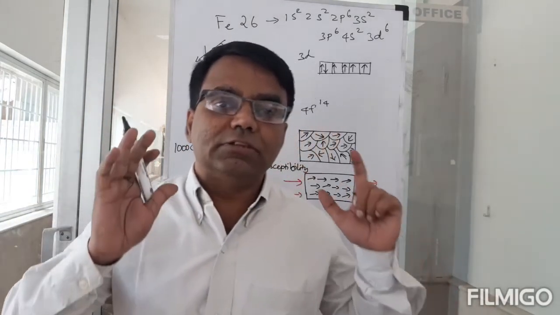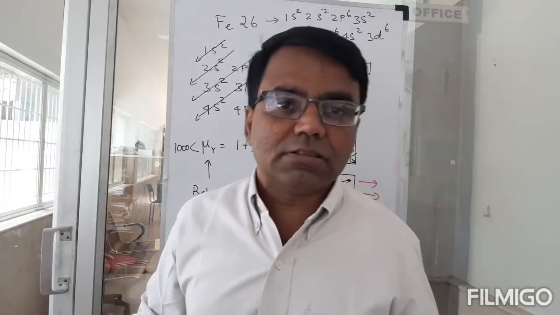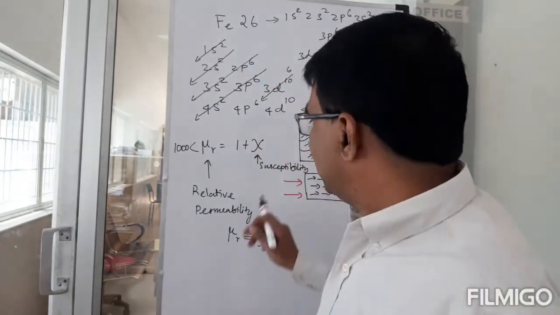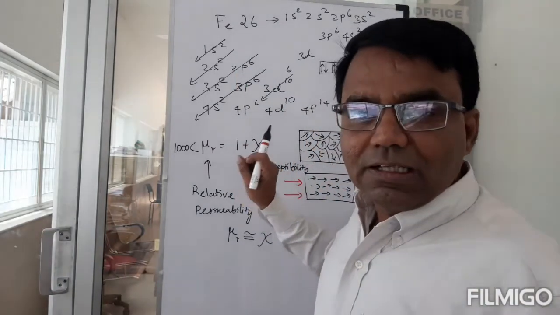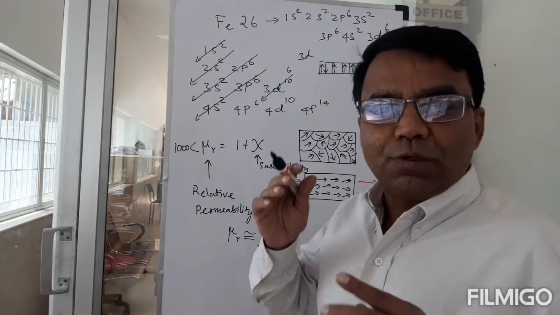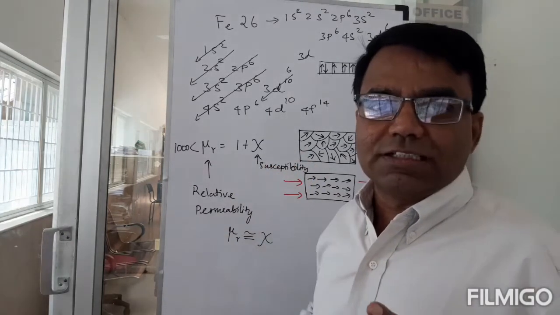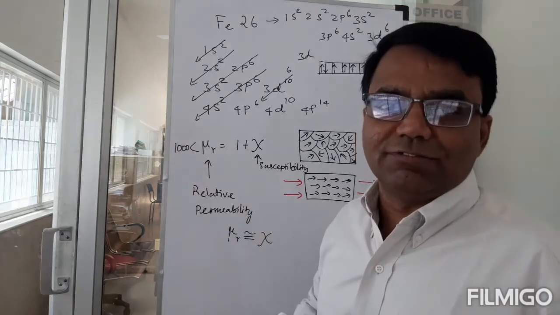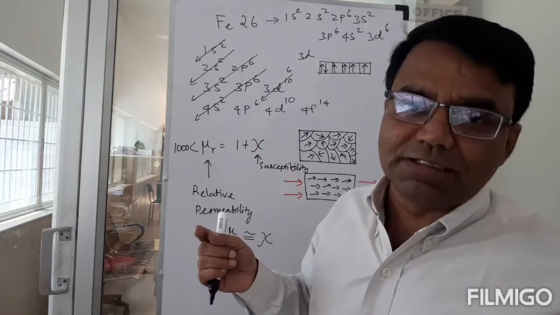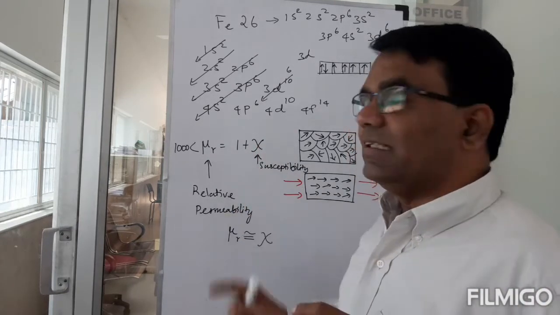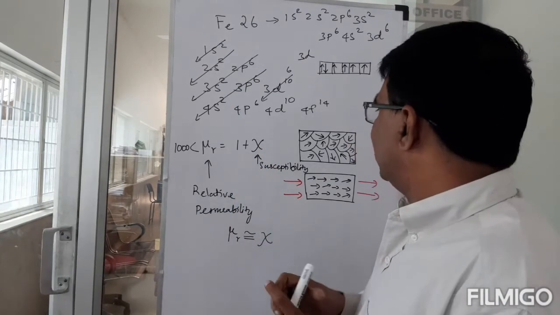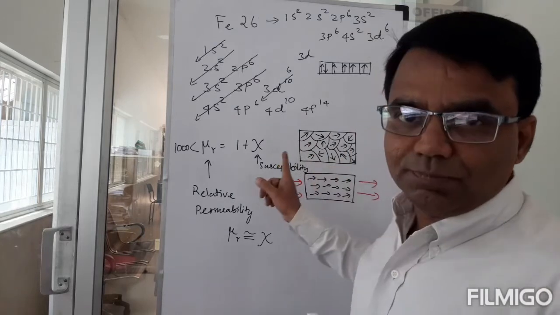But in the case of paramagnetic materials, that was not what was happening, because the χ value in the case of paramagnetic materials was 0.00001. It's 10 power minus 5. So it is a very, very small value in the case of paramagnetic materials, but it's very high in the case of ferromagnetic materials, and that is because of this domain effect.